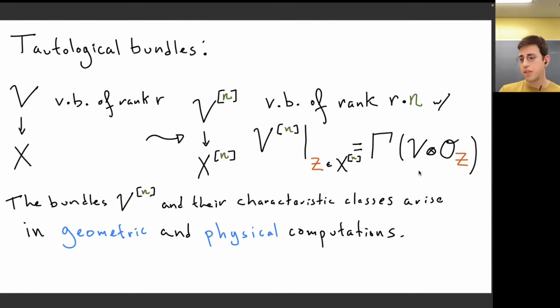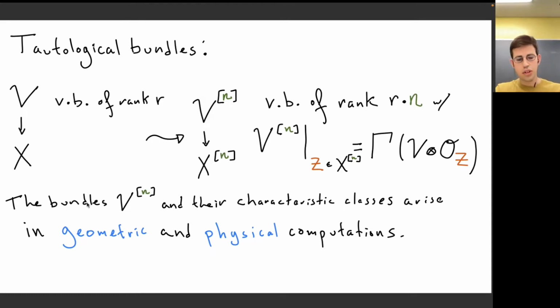If you want to count nodal curves and surfaces, they come up in the study of strange duality. And then closer to what we'll think about today, they come up in physical computations. So in certain partition functions of supersymmetric gauge theories, these bundles contribute what's called fundamental, or their duals contribute what's called anti-fundamental matter.